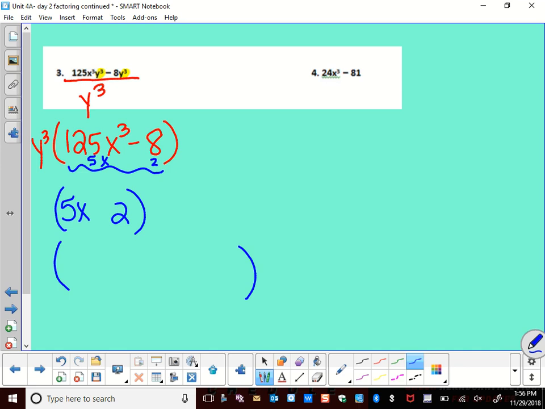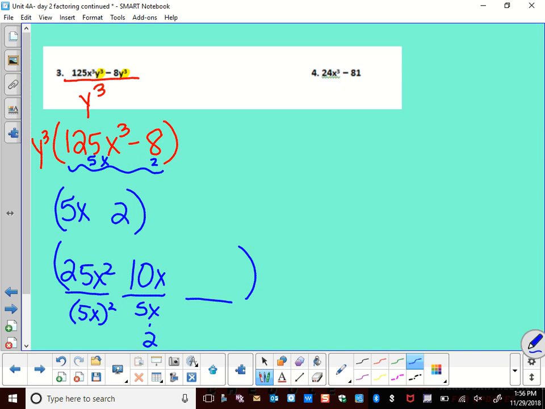And then my first term, I square the first term. So what is 5x squared? 25x squared. My middle term, I multiply them together. So what's 5x times 2? 10x.